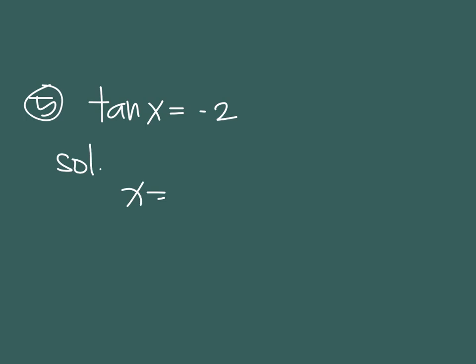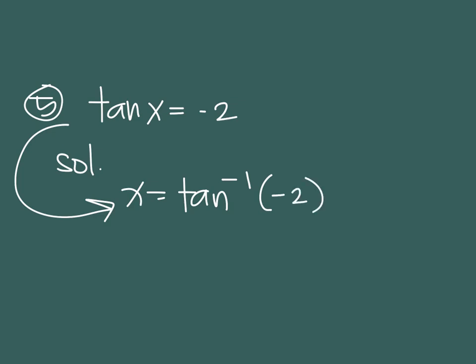From tangent x equals negative 2, it will transform into tangent inverse of negative 2, and using your calculator you obtain negative 63.44.